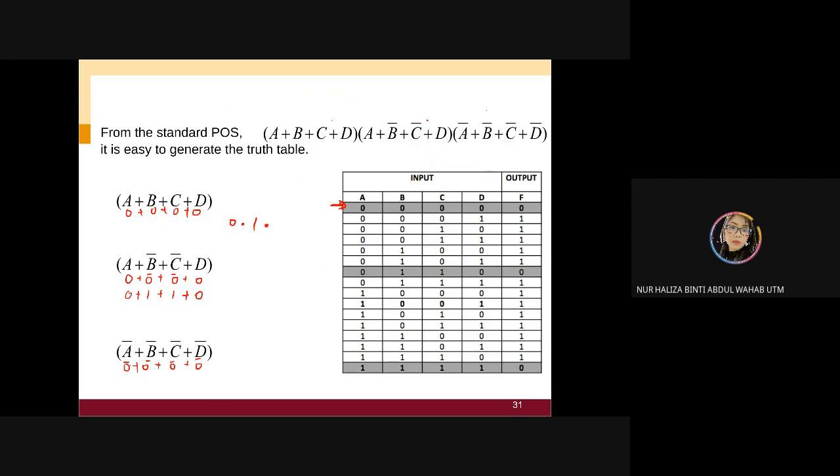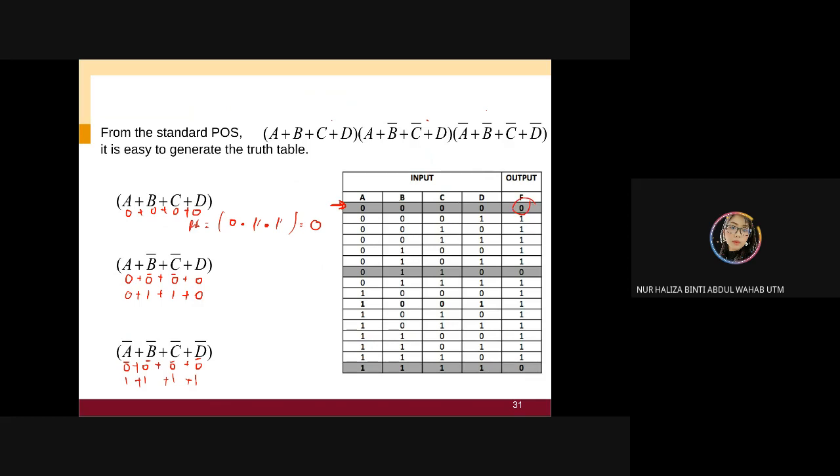And another one, which is 1, 1, 1, 1, you will get 1. So for the POS condition, you multiply 0 with 1 with 1. Of course, you're going to get 0.